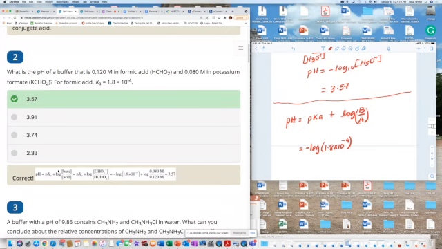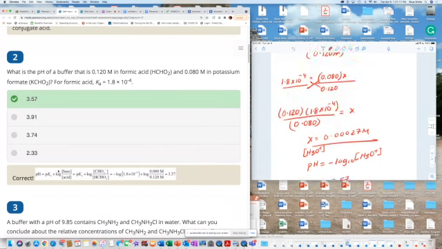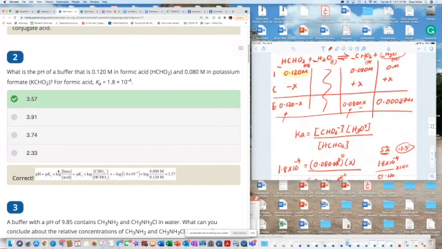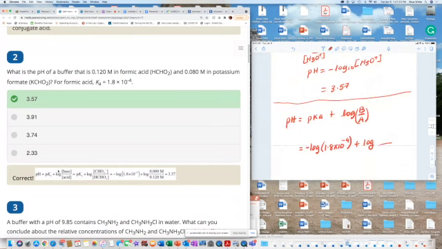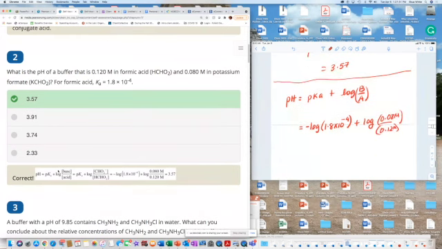Only in the buffers do you have more than one way to solve for this. And then base and acid, let's see. Our acid is going to be our weak acid, which is going to be our 0.12, and then the base is going to be the 0.08 molar up here. So you can use either method to get the same answer. That's what they use over there, and they end up with 3.57.